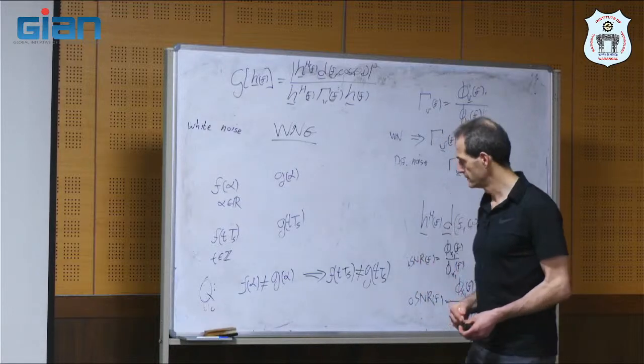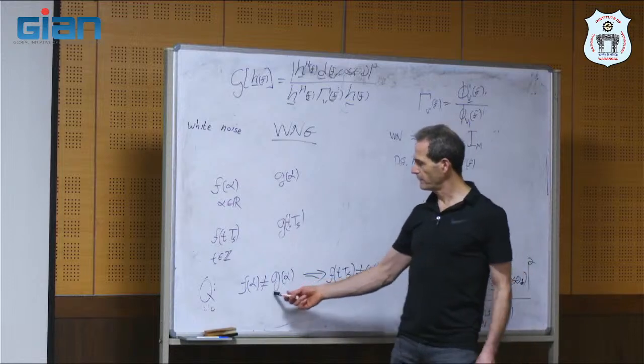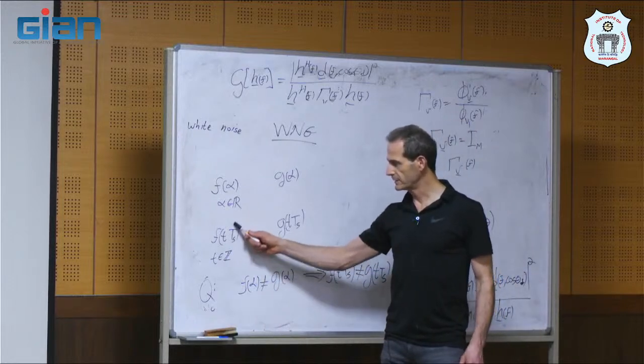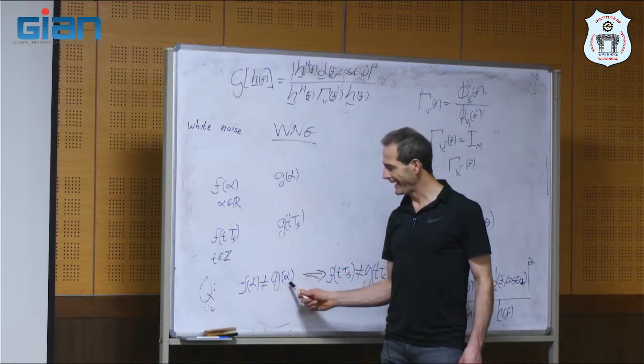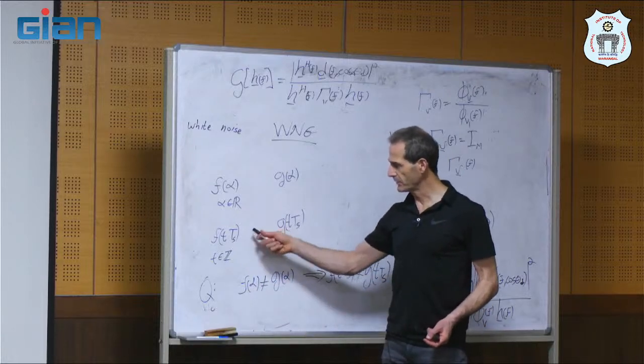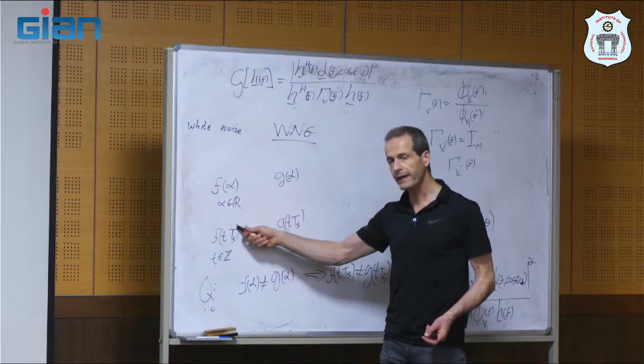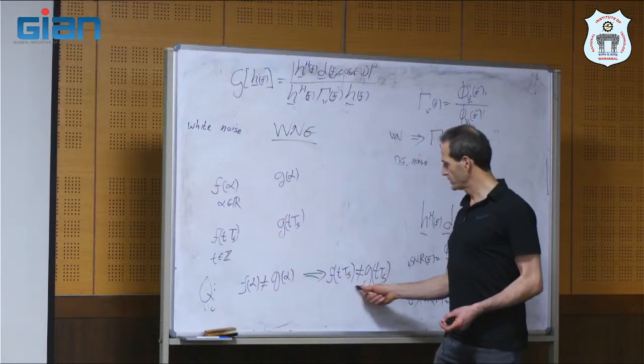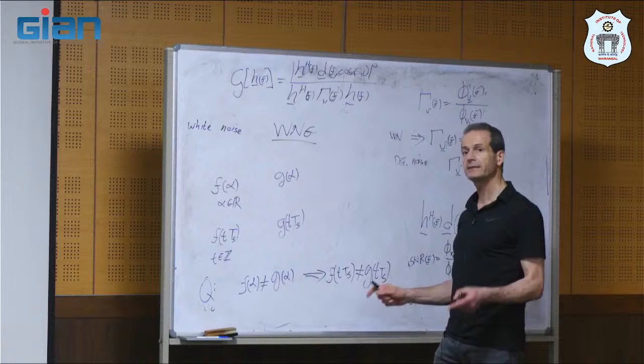Okay? So what is the requirement on the sampling interval Ts, such that any two continuous signals, if I sample them with the sampling interval Ts, will generate sampled signals that are also different?